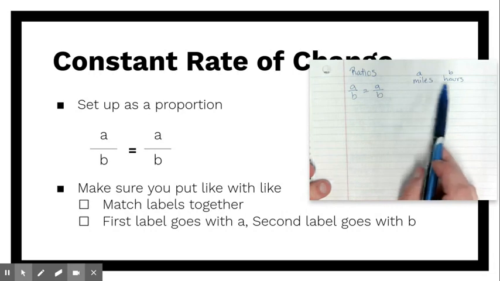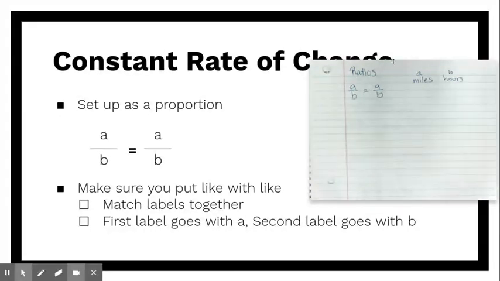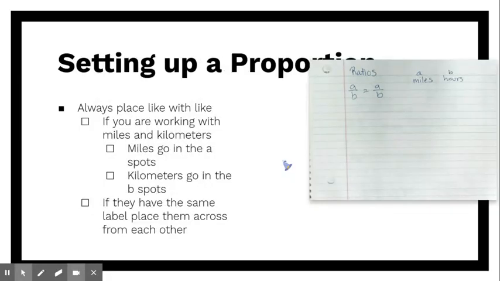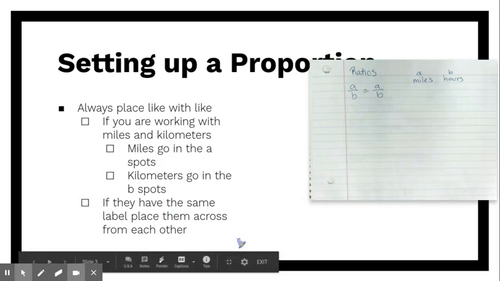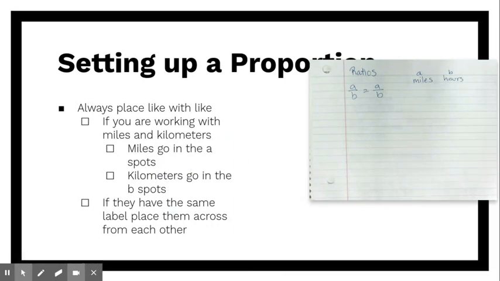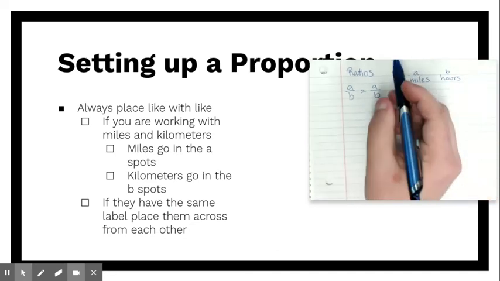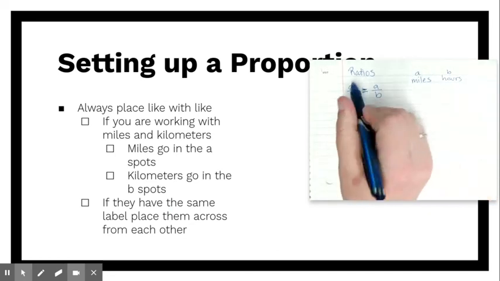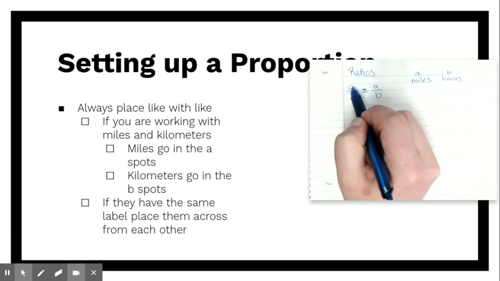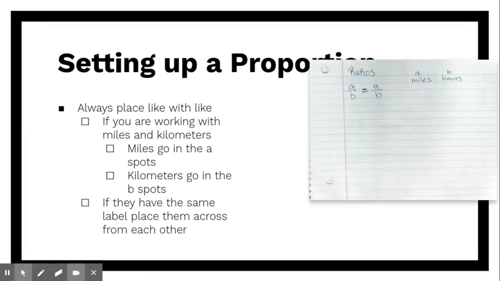So label them so you know which is A and which is B. Always place like with like. So miles and kilometers, miles go in the A spots, kilometers go in the B spots. If they have the same label, they need to be placed across from each other across the equal sign. So these two should always have the same label on them.